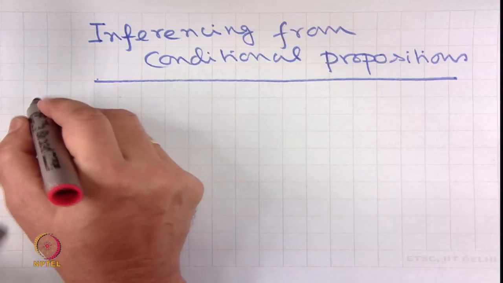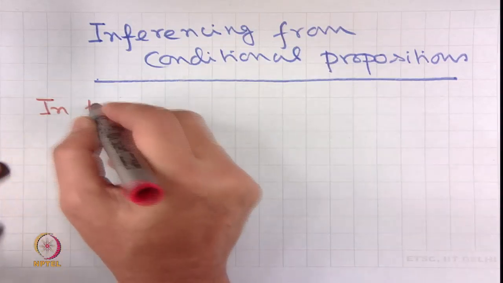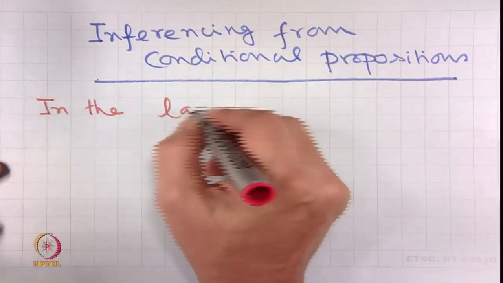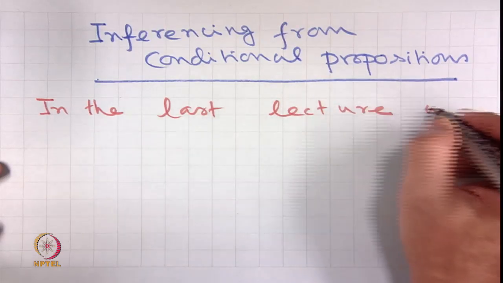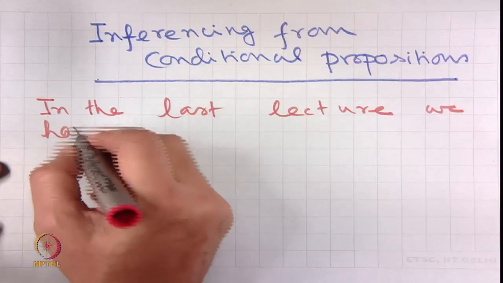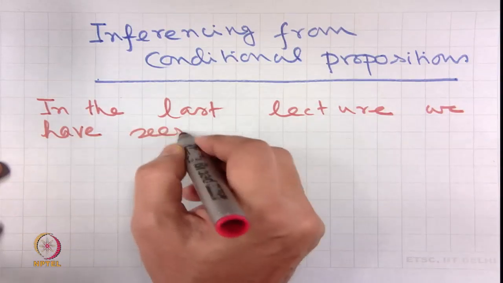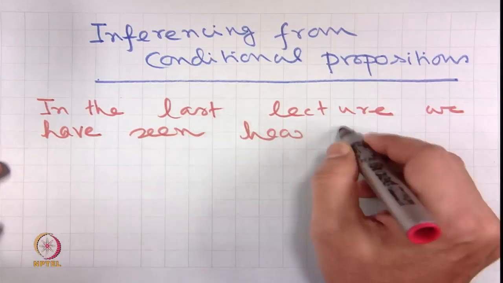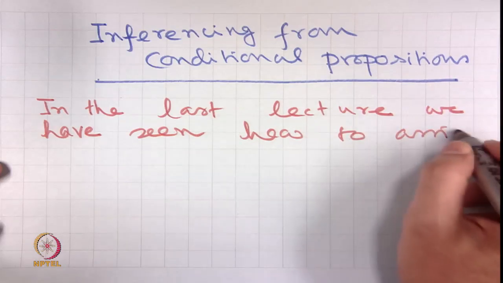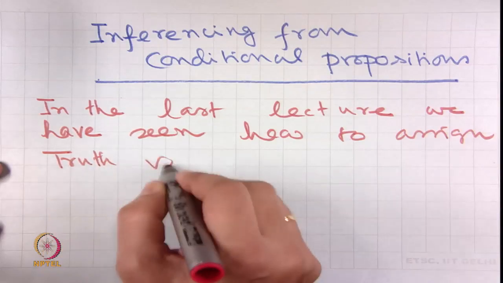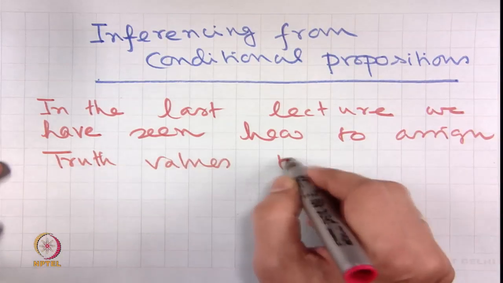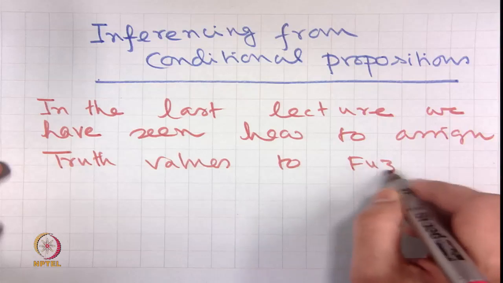Let us recall what we have done. In the last lecture, we have seen how to assign truth values to fuzzy propositions.